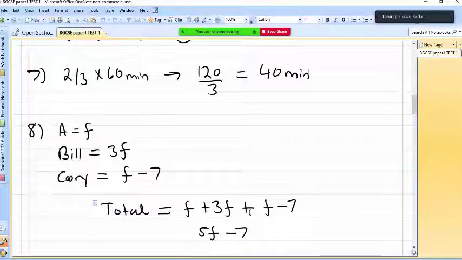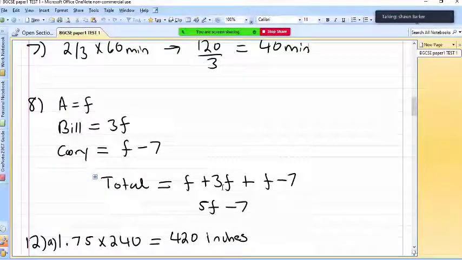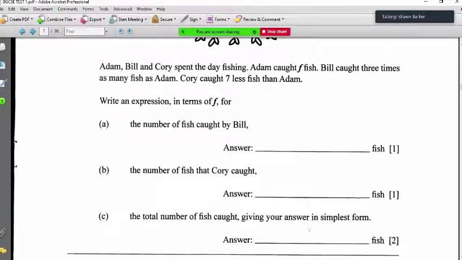So in this case, you just add like terms together, and that's how you simplify your expression. So in this case, it'll be F plus 3F, 4F, plus another F, which is 5F. So therefore, 5F minus 7 will give you the total amount of fish. Okay.